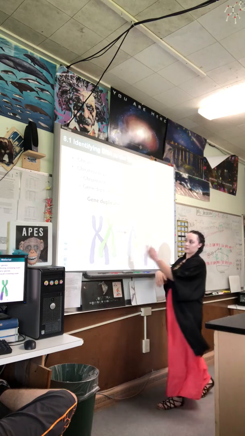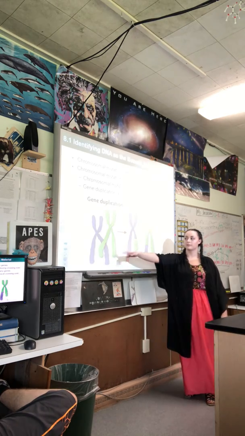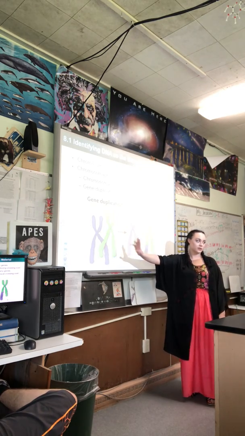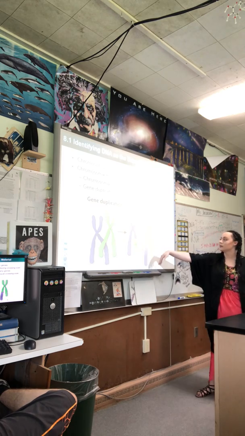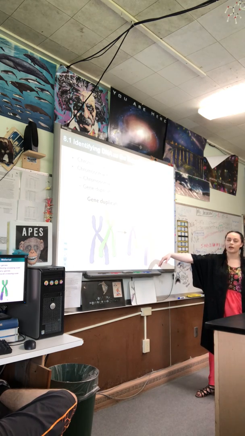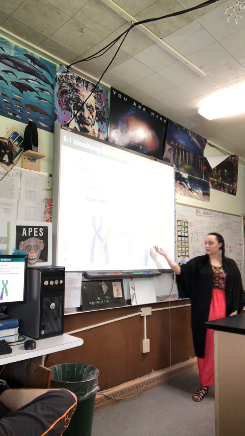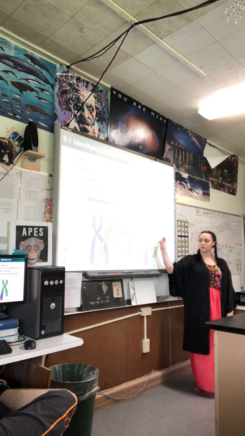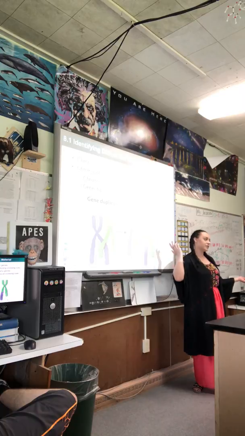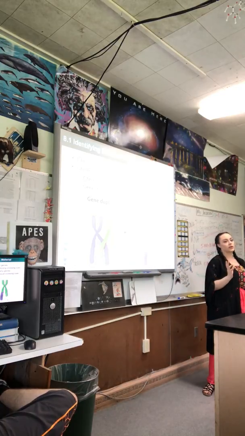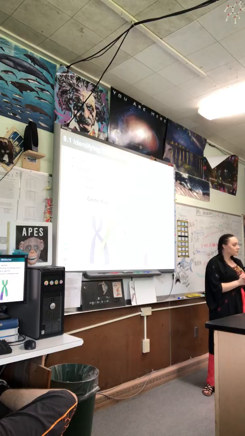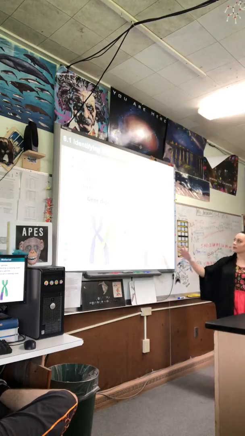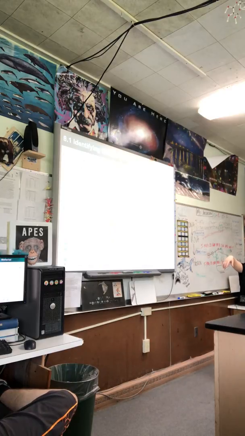Let's just say this is chromosome 1. They're both chromosome 1, but they're your 2 different copies. So something happened where an entire gene got duplicated on one chromosome and then the other chromosome's missing that gene. And that can be not good if we don't have the right amount of genes that were supposed to be on one chromosome accidentally ending up on the other one, right? And so go to the next one.